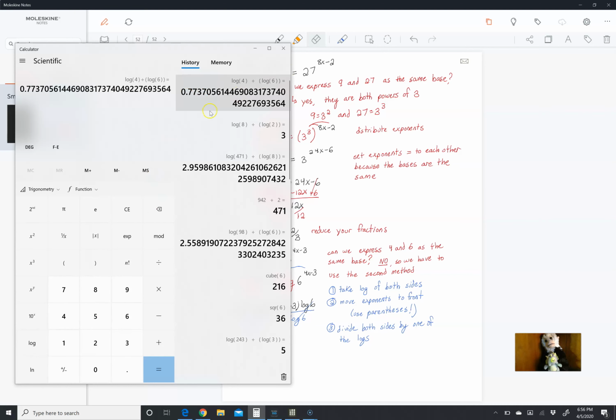You don't have to do this whole number, obviously, but you must do at least to the nearest hundredth, because otherwise you have a rounding error. If you did just 0.8, for example, you would have a huge rounding error, and your answer would be so different than what it should be, because you're essentially multiplying by this rounding error over and over again. So round to at least the nearest hundredth, okay?